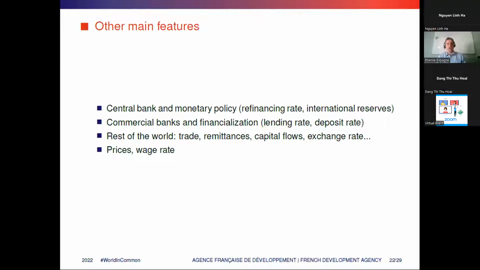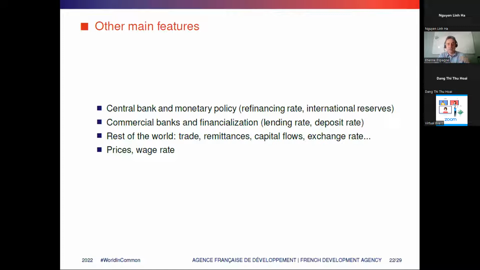So, other main features of the model: for central banks and monetary policy, the central bank has a kind of mixed objective of inflation and exchange rate dynamics.